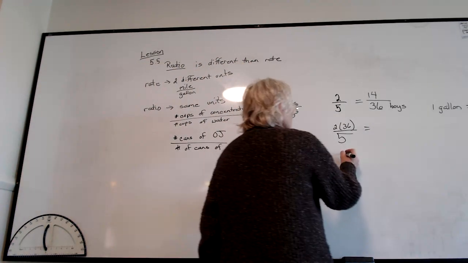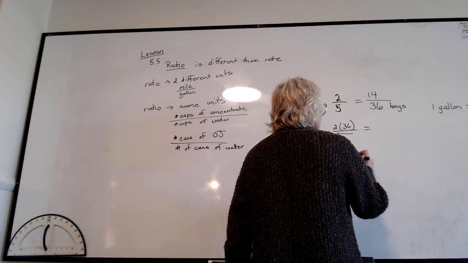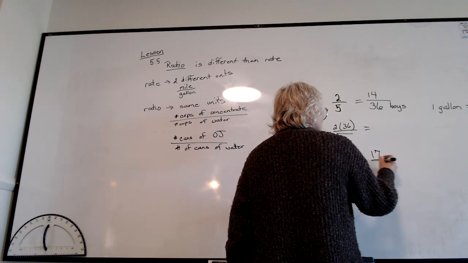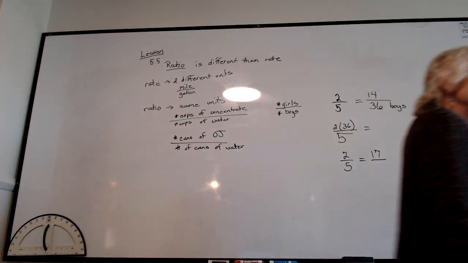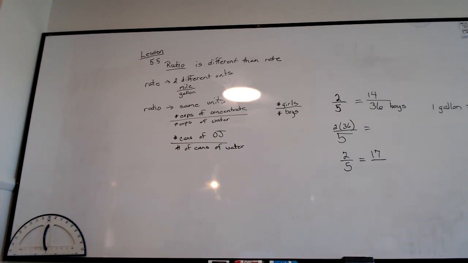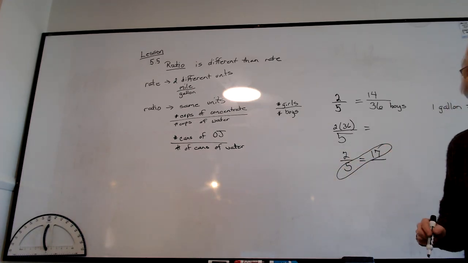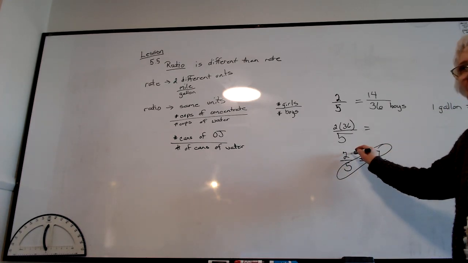What if I looked the other way? What if I said I had 2 girls to 5 boys, and I have 17 girls? How would I find the answer to that? You would do 5 times 17 divided by 2. So you multiply the ones that are across from each other, that's cross multiplication, and divide by this one.